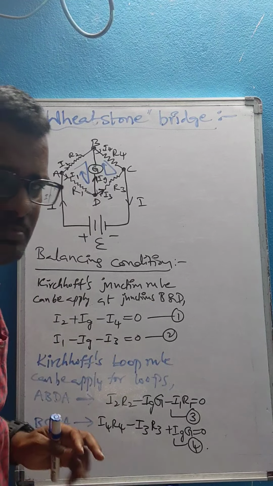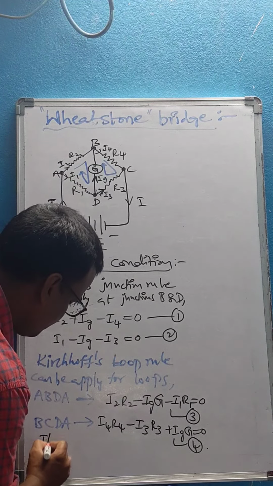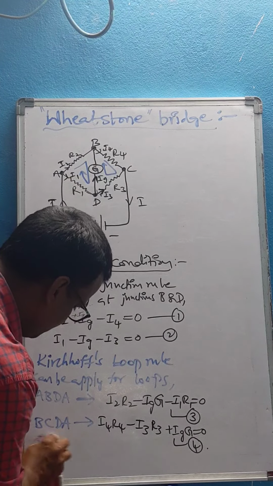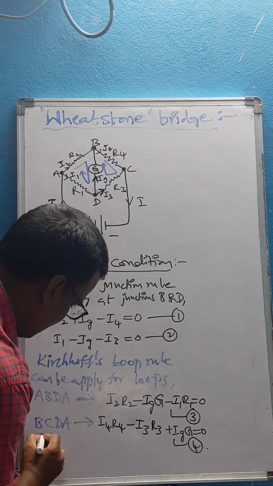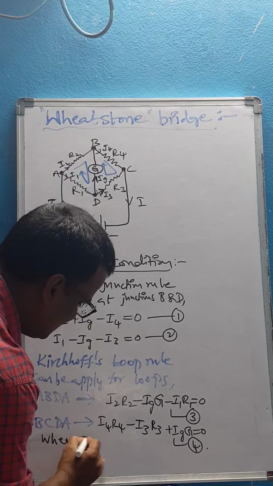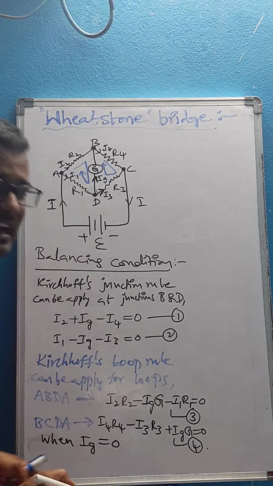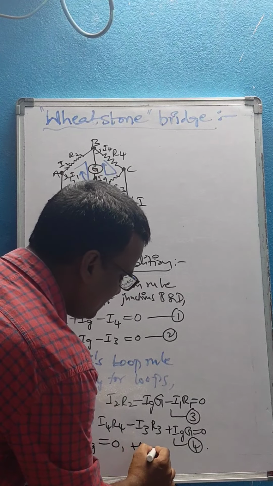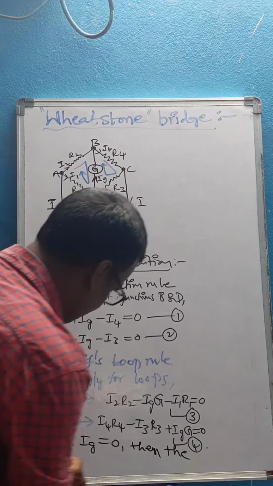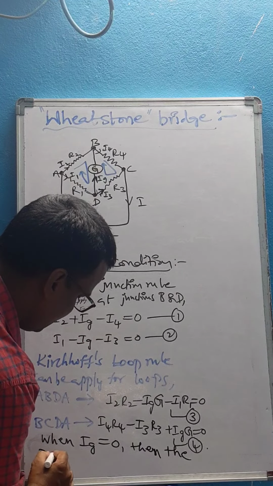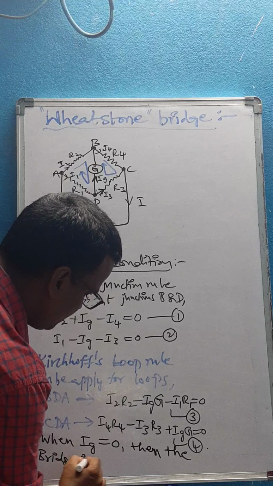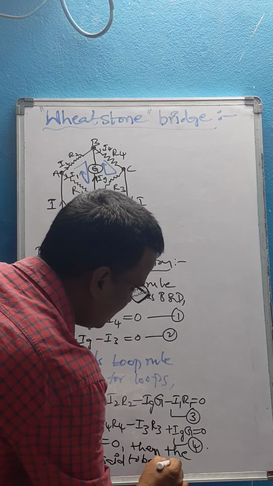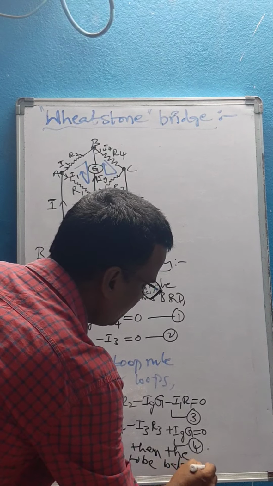So when Ig equal to 0, the galvanometer current is 0, then the bridge is said to be balanced.